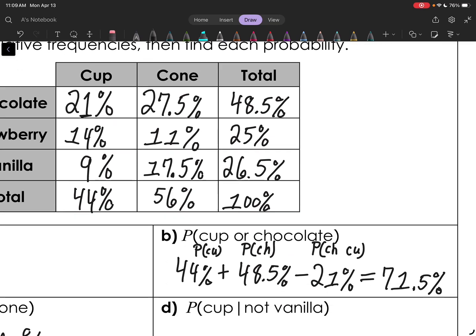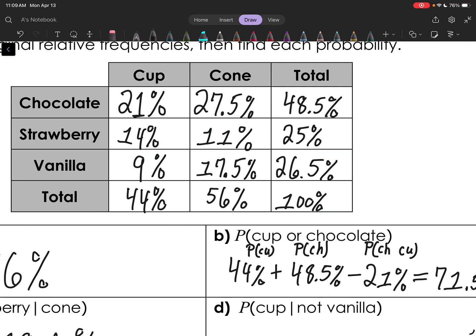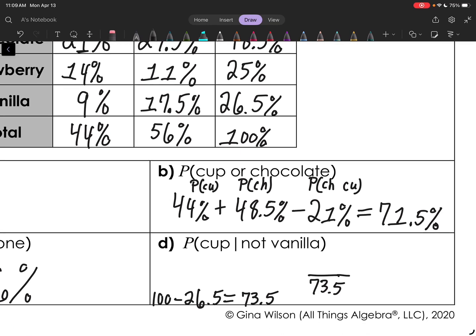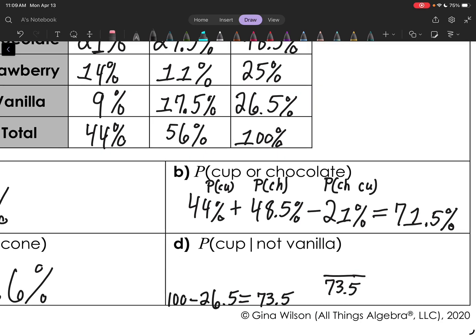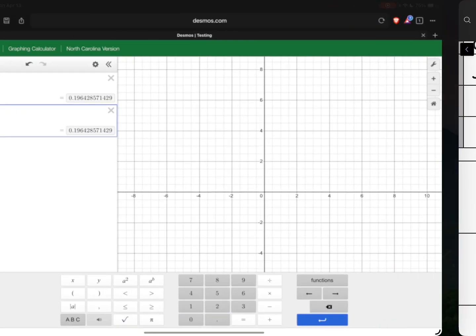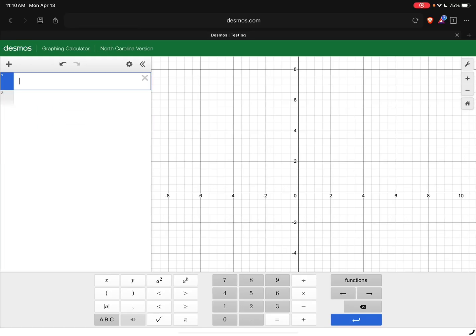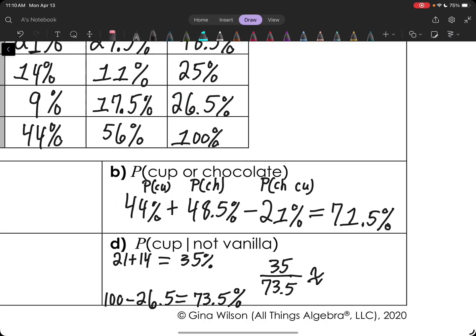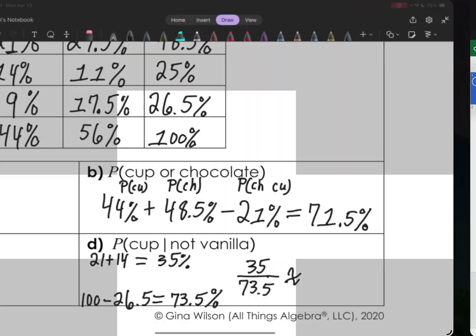The probability of a cup given it is not vanilla is going to be the strawberry and chocolate added together, so 21 plus 14, 35 on top. And this is 35 over 73.5. Is that right? Yep. 47.6%.